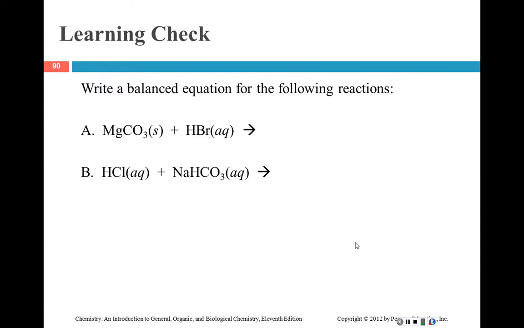Okay, so here's magnesium carbonate and hydrochloric acid, and hydrobromic acid, and you need to write and balance that equation. What are they going to produce? They're going to produce carbon dioxide, the salt, and what else? Water. That's right. So try to do these.